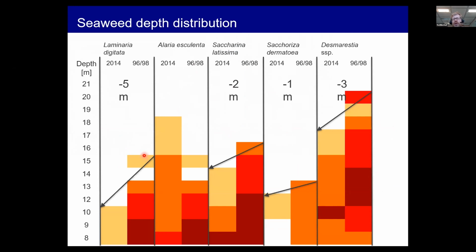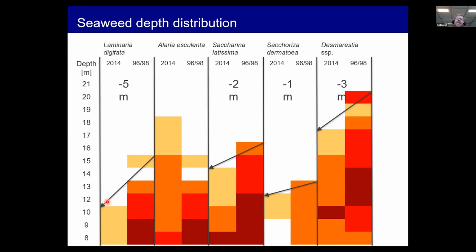This depicts the lower distribution limit. So the higher this column is, the deeper the species grow inside the water column. For Laminaria digitata, you see that the lower distribution limit was shifted upward by up to 10 meters. So it's now only growing down to 10-meter water depth. This is also a very striking result, and it indicates that less light is able to penetrate into the water column.